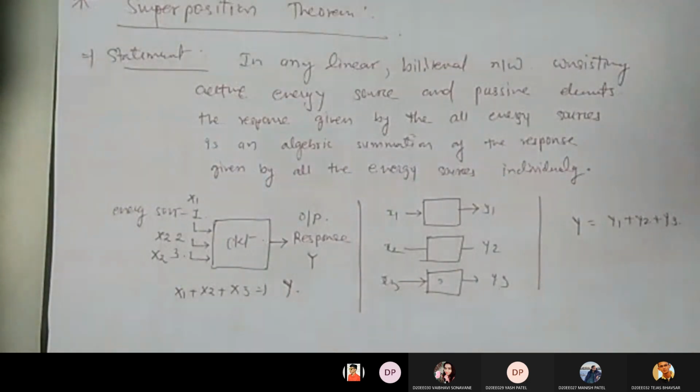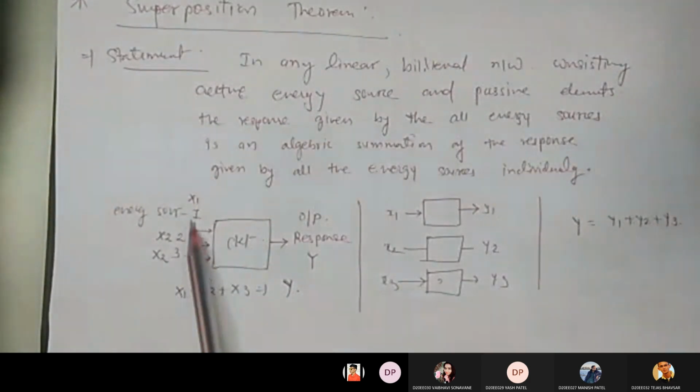So we have to calculate the value of that current or voltage by applying each source at a time, and then take the algebraic summation. Algebraic summation means we have to see the sign, the direction of the current or the voltage.